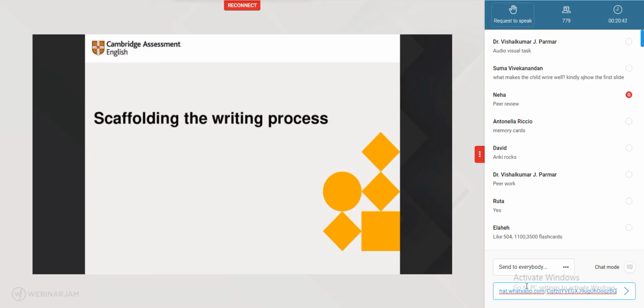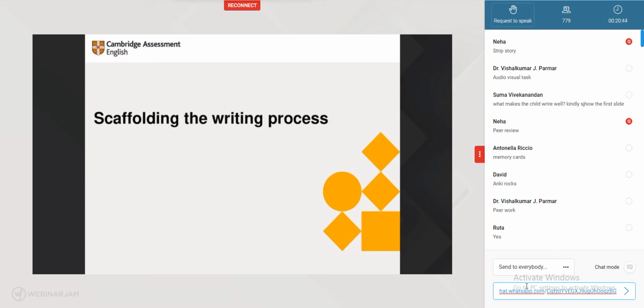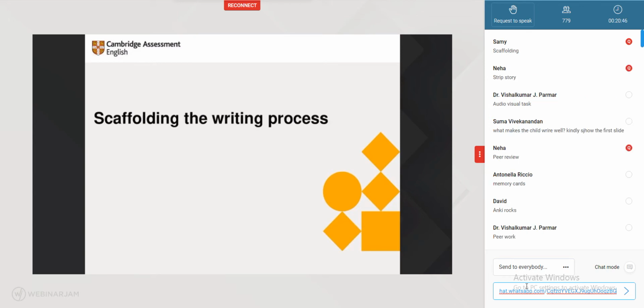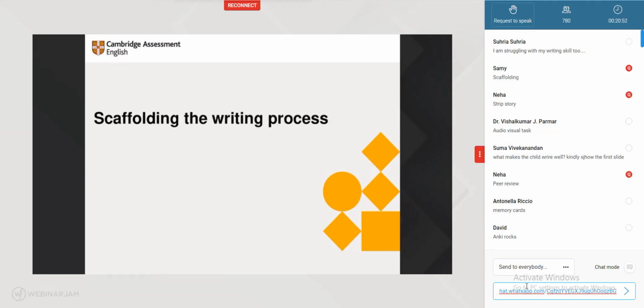If you watch our webinar on the Write and Improve criteria, we look at how you can use writing criteria to inform how you create tasks, and also how you mark tasks. In that, we look at each of the criteria and how you can locate each of them within a task, and then break it down.